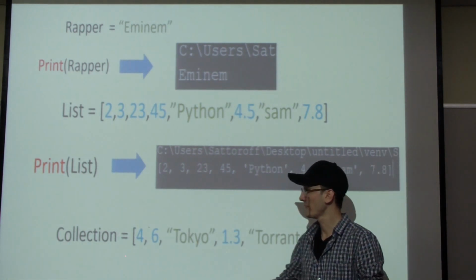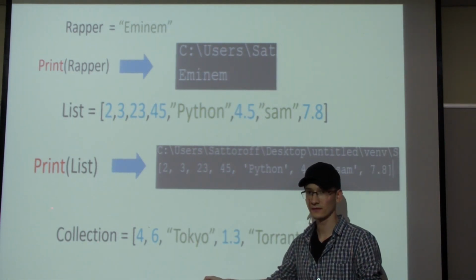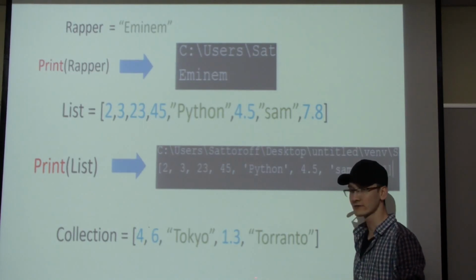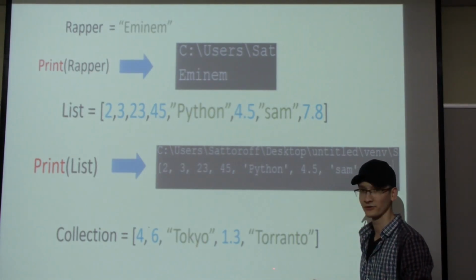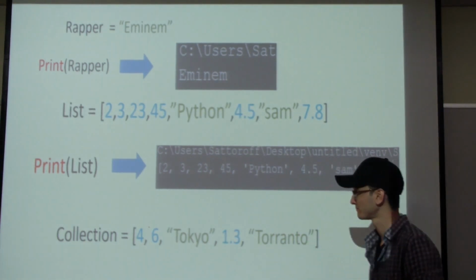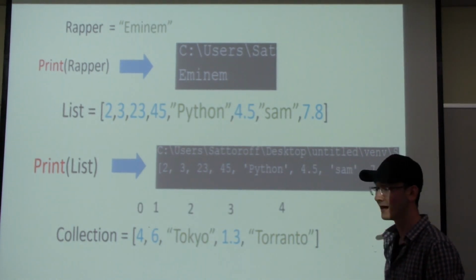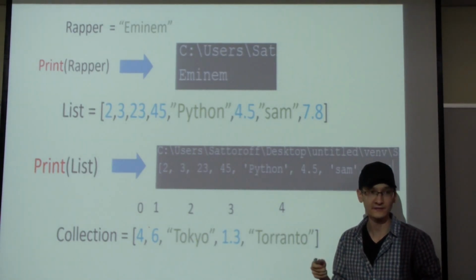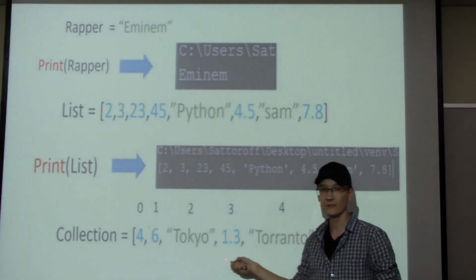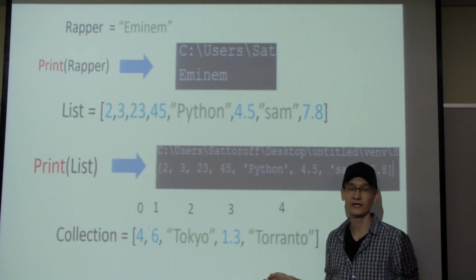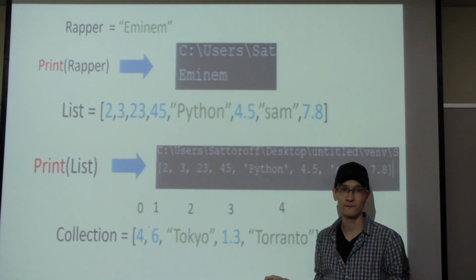Now we made another list and we gave these values: 4, 6, Tokyo, 1.3, Toronto. When we create lists, these are called elements of the list. Each element has its order number.